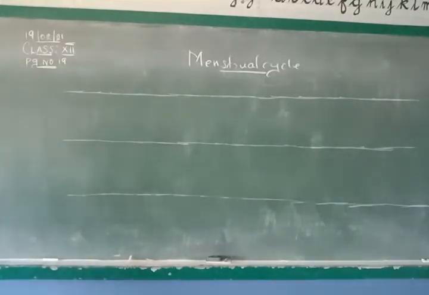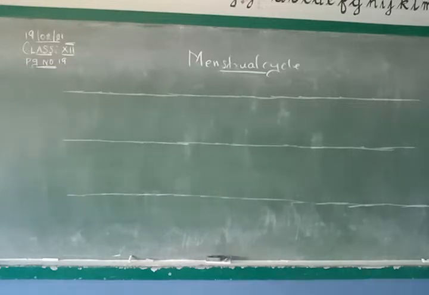Now we know that in the menstrual cycle the changes take place in three areas. What are those areas? Uterus, ovaries, and ovarian hormones. What change takes place in the uterus? A membrane called endometrium. What happens to that endometrium? It degenerates and regenerates.